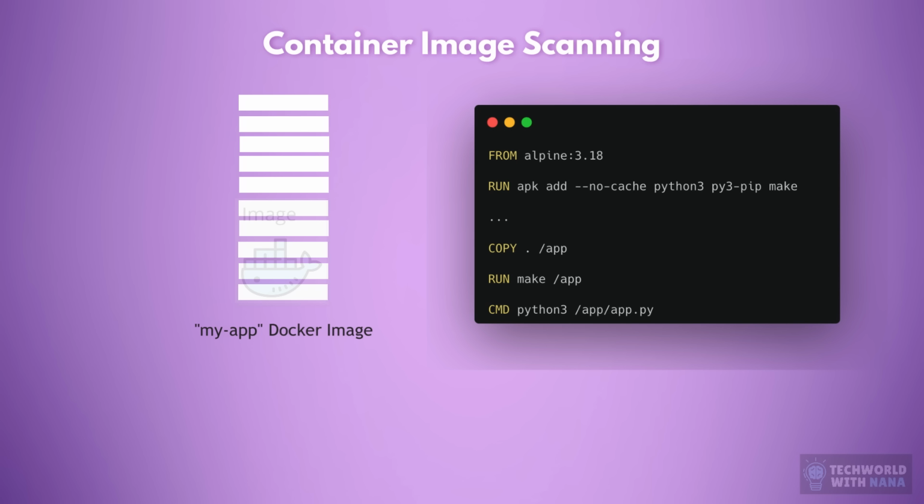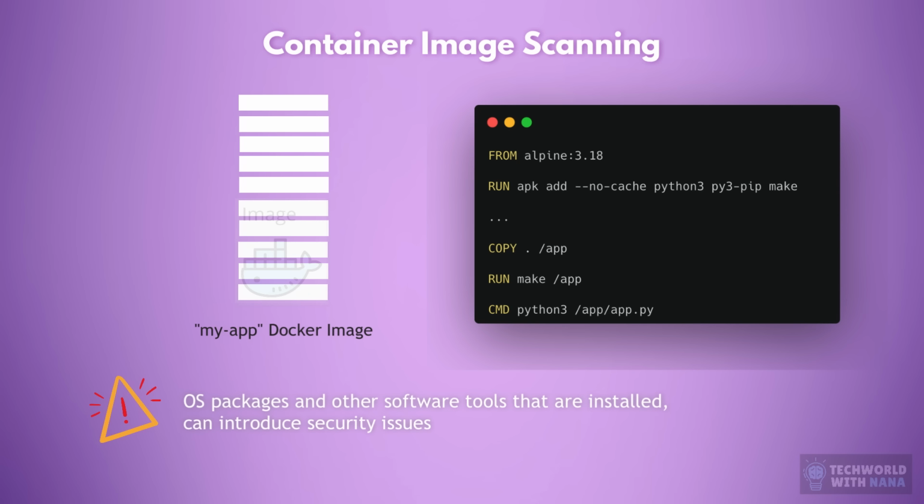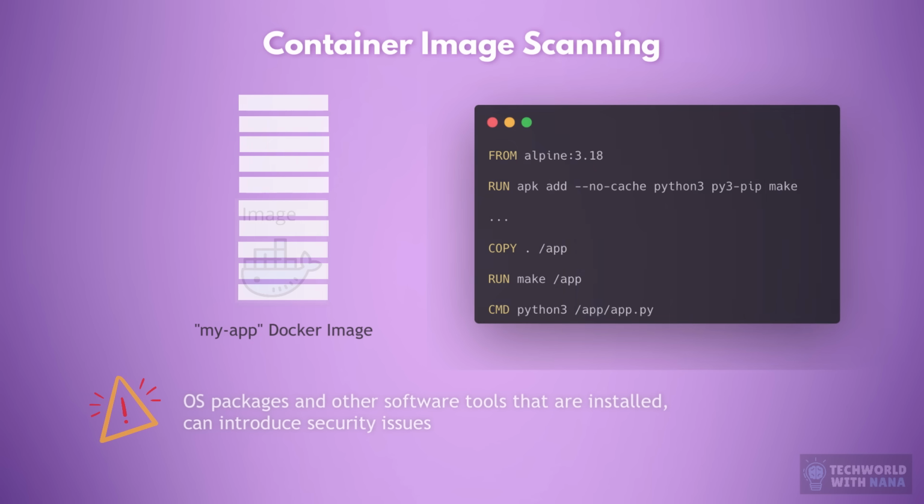All of that basically adds as layers on top of each other. And just like in application code, we have libraries and dependencies with vulnerabilities. We may have operating system packages and software with vulnerabilities. So we may actually be using outdated images, like base images or operating system tools with security issues.